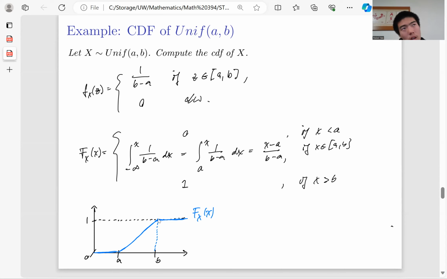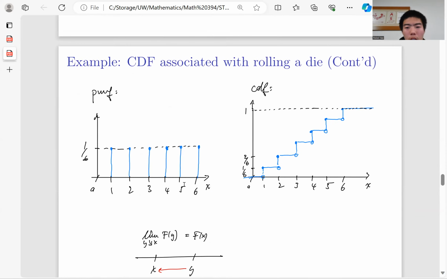If you ask for all of the x smaller than or equal to b, then it's 1. Of course, all the x is definitely smaller than or equal to b. So after that value it all goes to 1. That is the idea of the CDF.